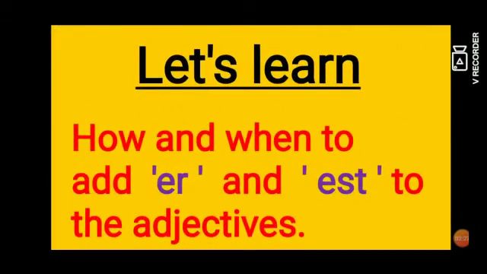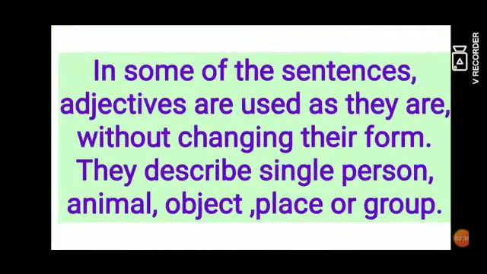Now, let's learn how and when to add er and est to the adjectives. Children, in some of the sentences, adjectives are used as they are, without changing their form.